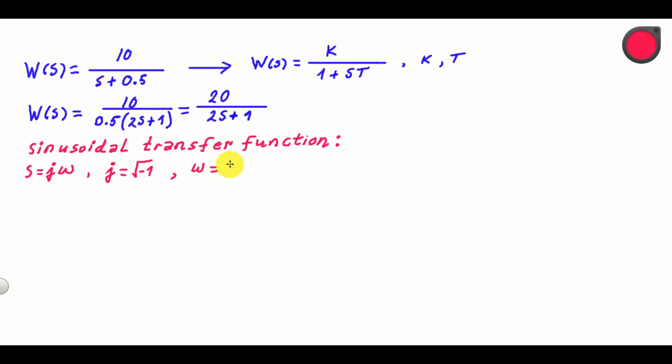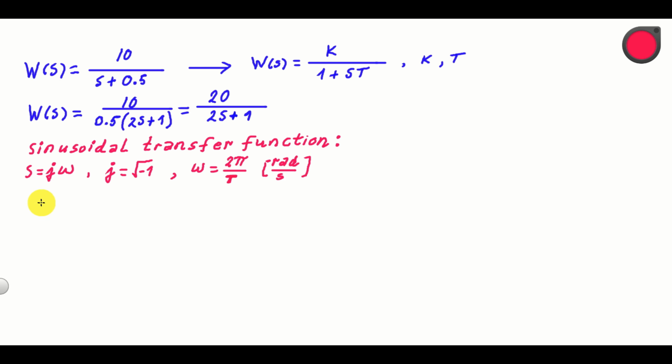The radial frequency is expressed as 2 pi over the period of a sinusoidal signal, capital T, and it's measured in radians divided by seconds.